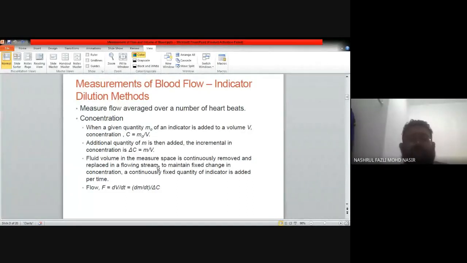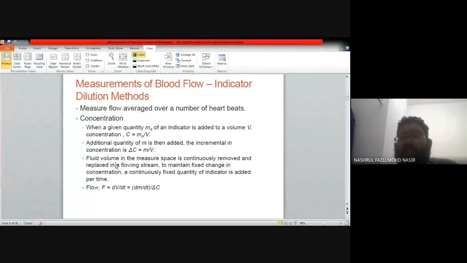So delta C equals the quantity of the increment of M divided by the volume. And V is the same, because you don't add anything to it. This is the indicator that we add.